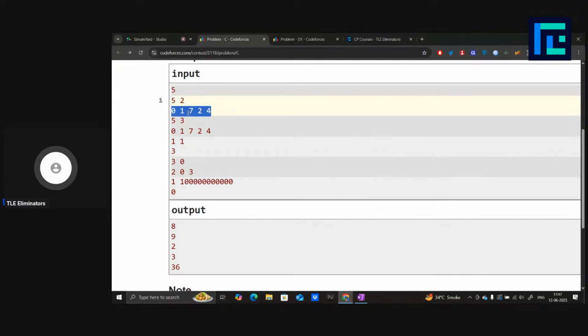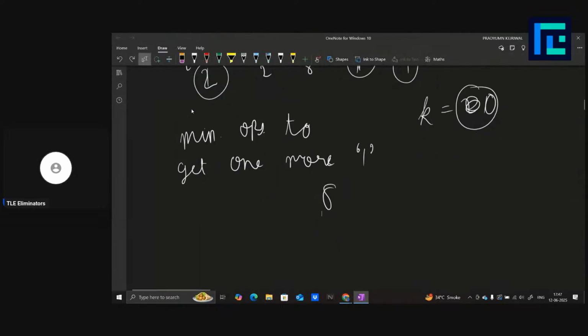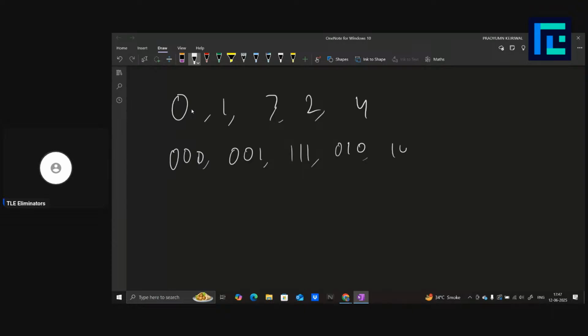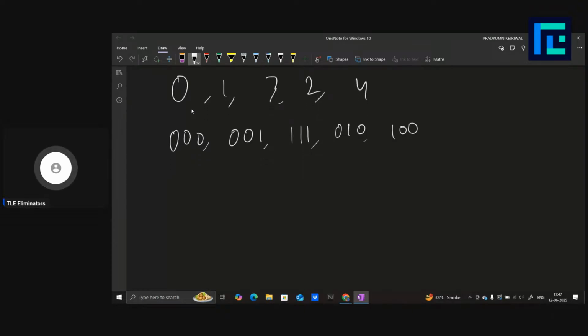Let's just do this one, assuming that k was equal to 20. Okay, so 0, 1, 7, 2, 4. So this is basically 000, 001, 111, 010, and 100. So here the values are 1, 2, 8, and we have 1 and 1.